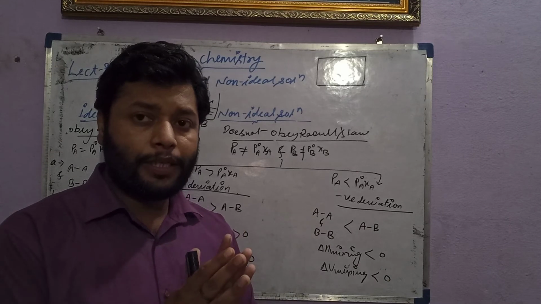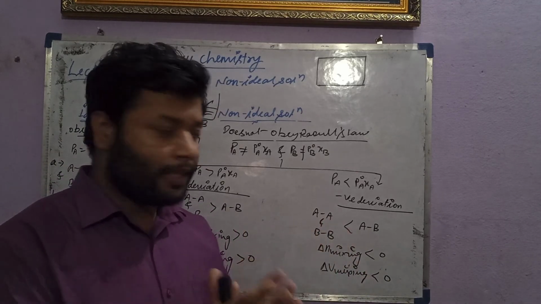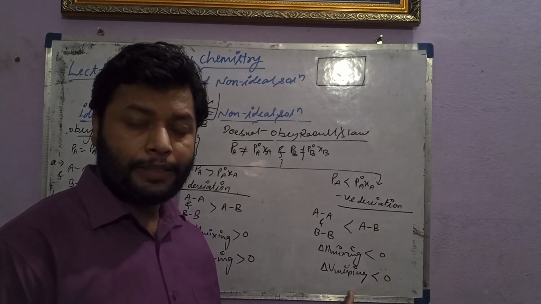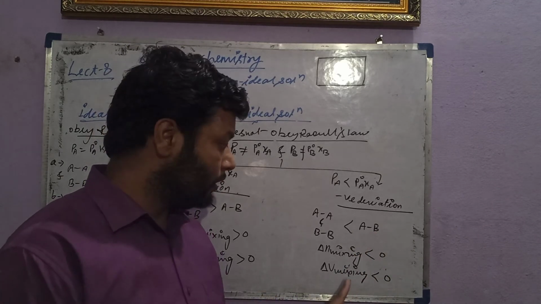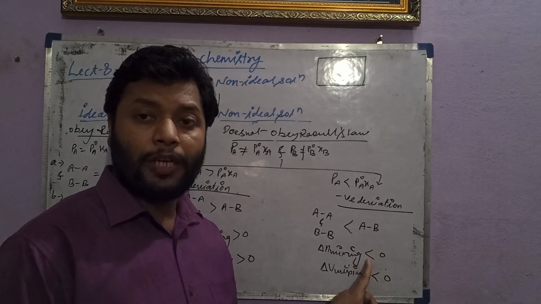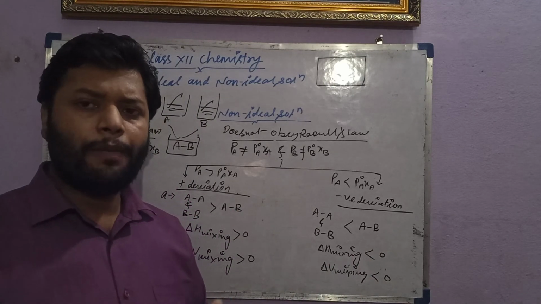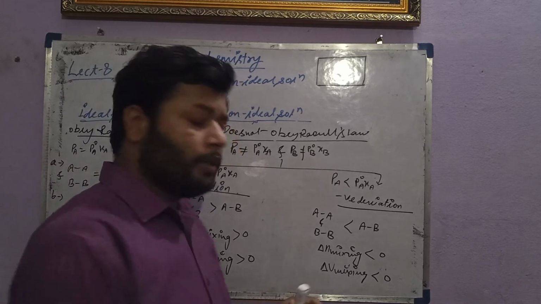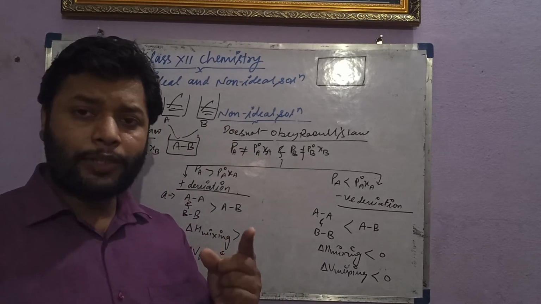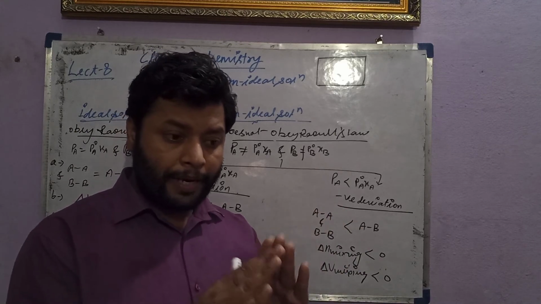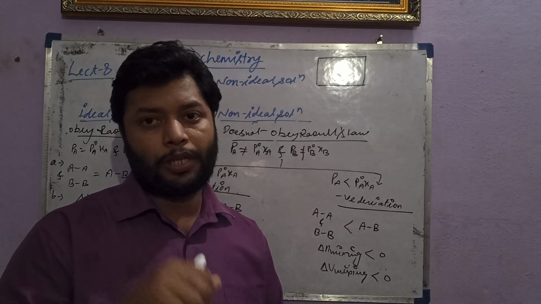Molecules associate together because of the greater force of attraction between them, so the net volume will decrease. The enthalpy will be released because of the exothermic process. Whenever a bond is formed, the bond formation is exothermic, and the breakdown of a bond is endothermic.